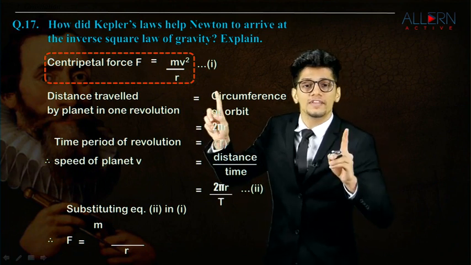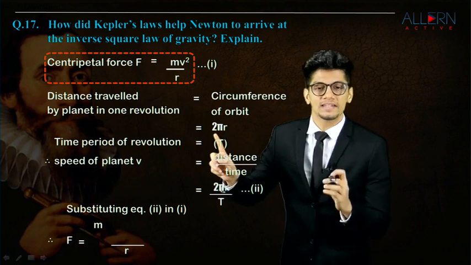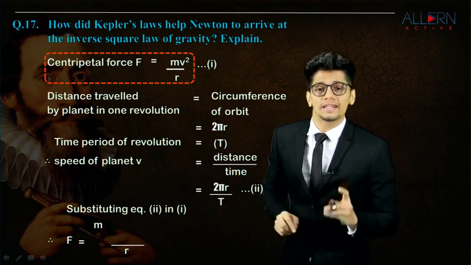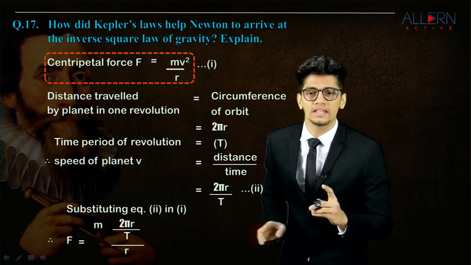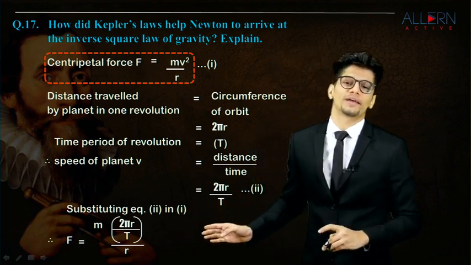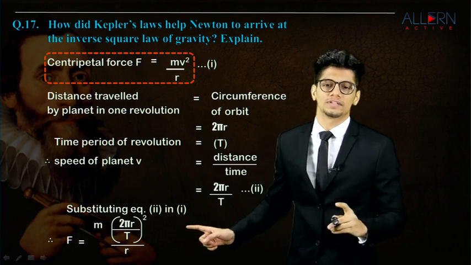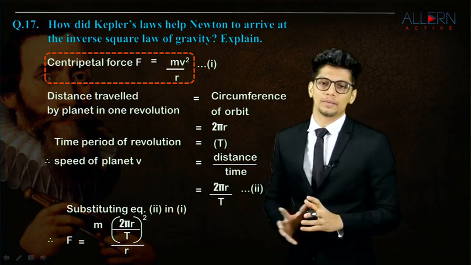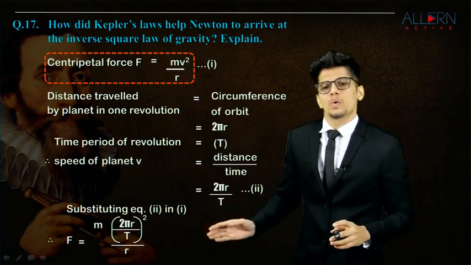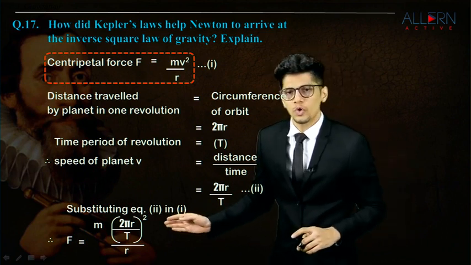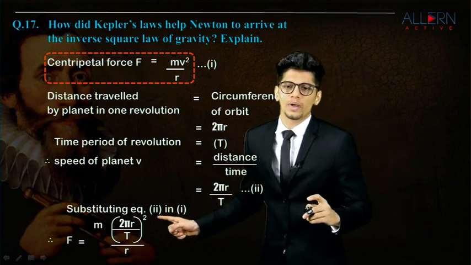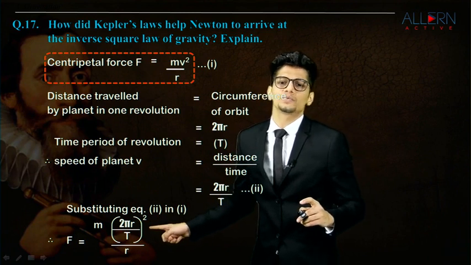But here we have v square, remember. Since there is v square, we'll write 2 pi r upon T, the whole square. Writing the whole square is of utmost importance. This is the important step, remember. Now, we'll open this bracket. When you open the bracket, you know that this square goes to the numerator as well as the denominator.